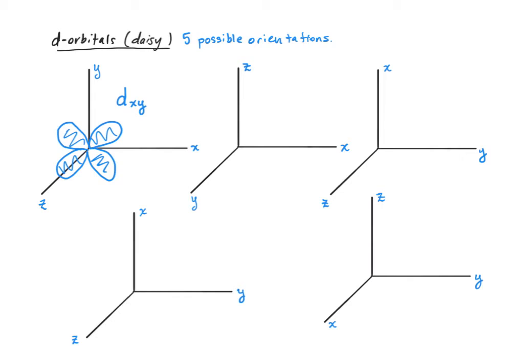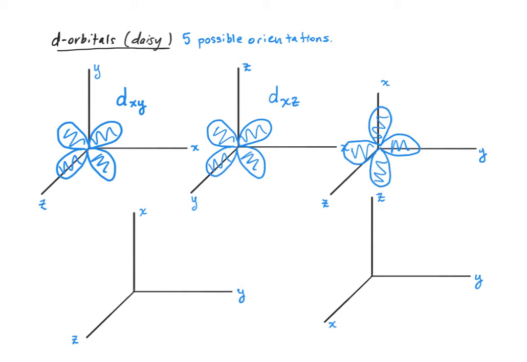When a similar looking structure sits between the x and the z axes like this, we call the resulting orbital a dxz orbital. A d orbital that sits along the x and the y axis like this is known as a dx squared minus y squared orbital. Notice that this is rotated 45 degrees from the first one that we drew.